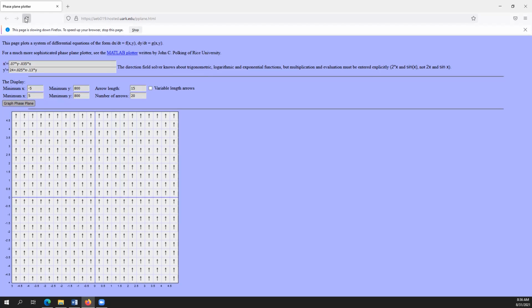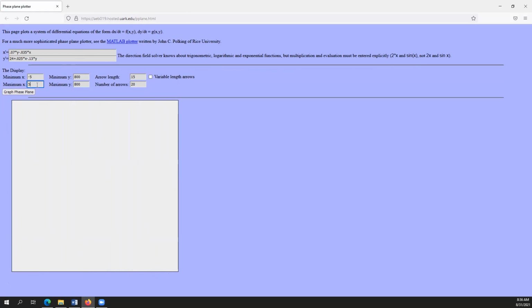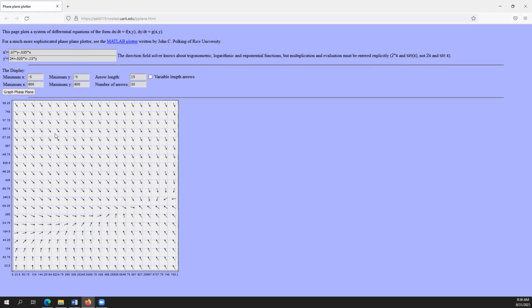Yeah, once again, got to read the directions. So -5 to 800, -5 to 800. Okay, that's kind of fun.